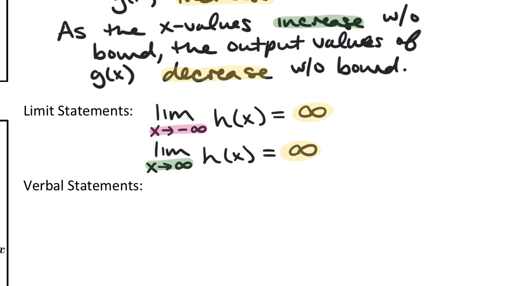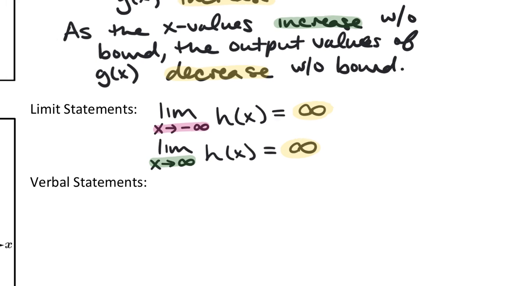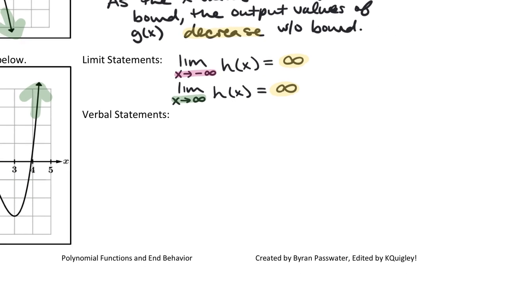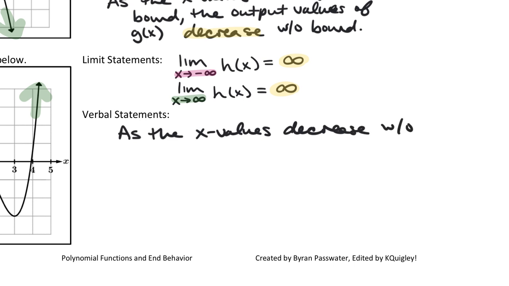Okay, do you see the difference in these statements? Verbally, here's how we would write it. We would say as input values, the x values, decrease, I'm talking about the left side, without bound, meaning they go all the way to negative infinity. They have no boundary.